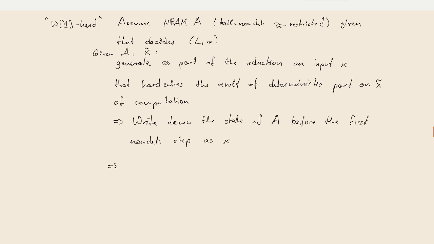And then we generate a non-deterministic Turing machine M that somehow has to digest this description of the state and then simulates this last h of kappa of x tilde steps of the non-deterministic RAM.